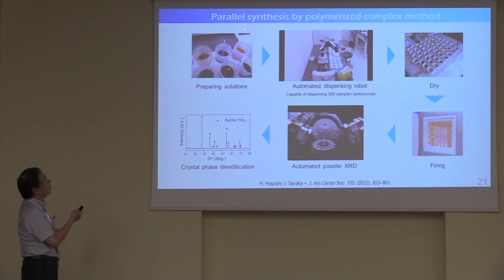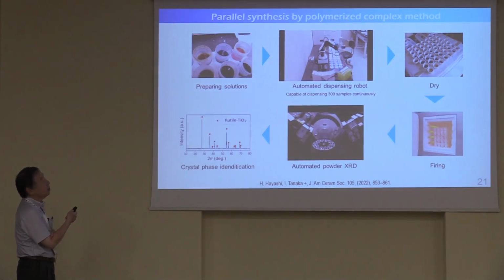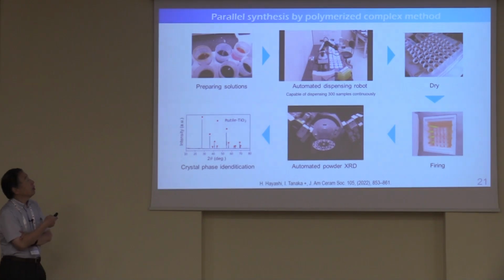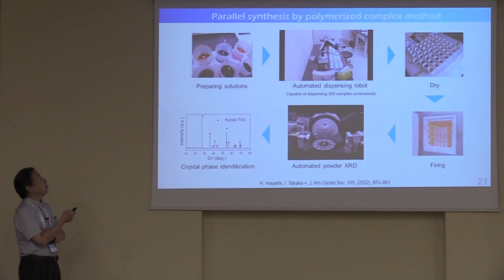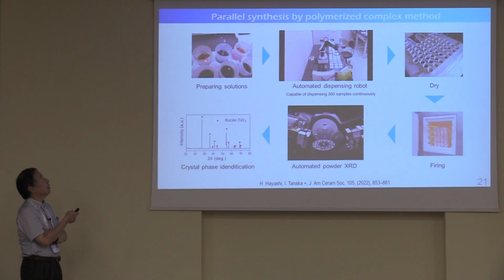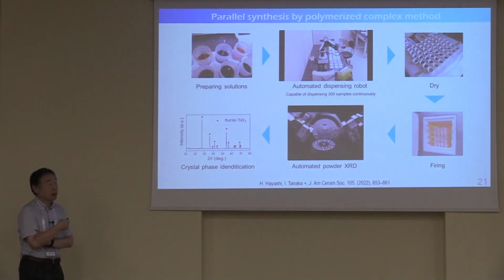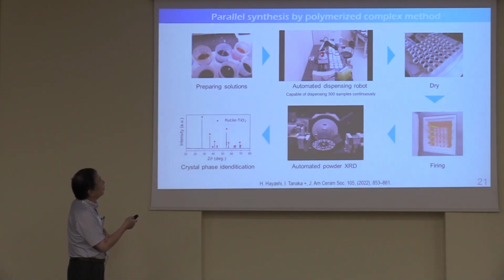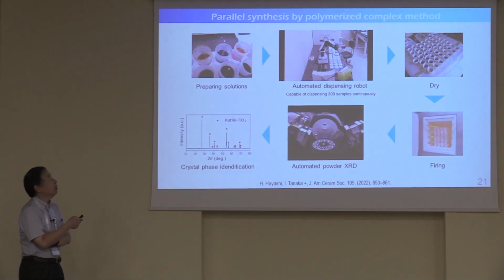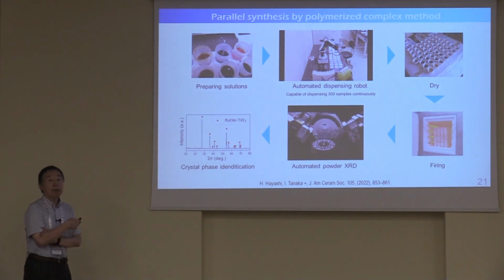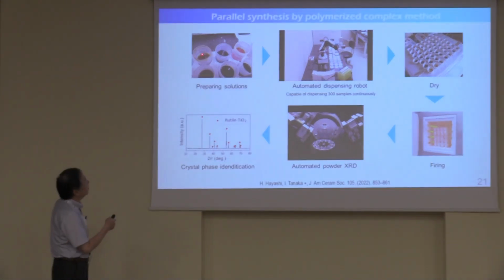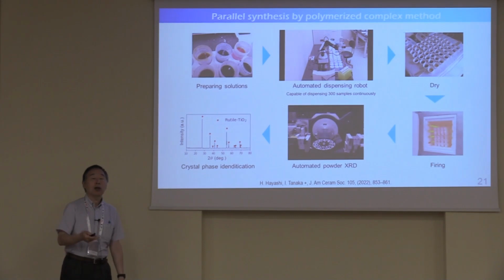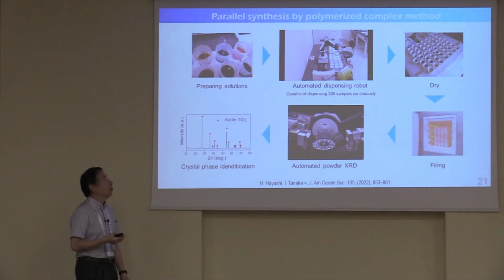We prepare some solutions from the starting materials. This contains, for example, element X, and this contains element Y, and this contains elements A, B, C, and so on. And we use this type of robot to take a predetermined amount of this liquid, like 1 milliliter or 5 milliliters, to make the desired mixture.